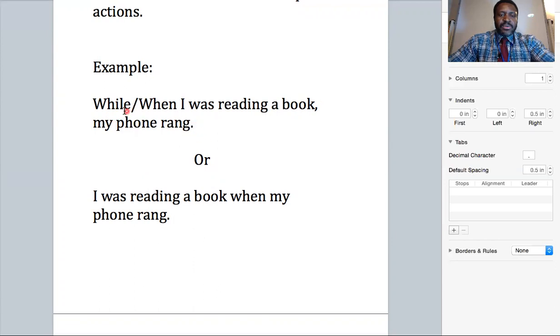Don't use while with the simple past. My phone rang. Don't say, I was reading a book while my phone rang. No, that is wrong. The correct statement is, I was reading a book when my phone rang.